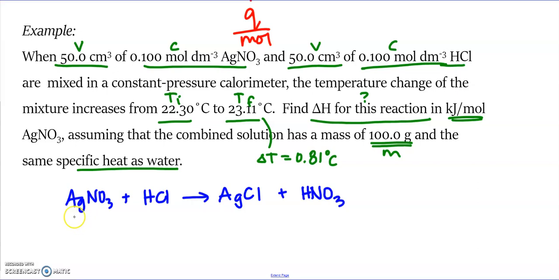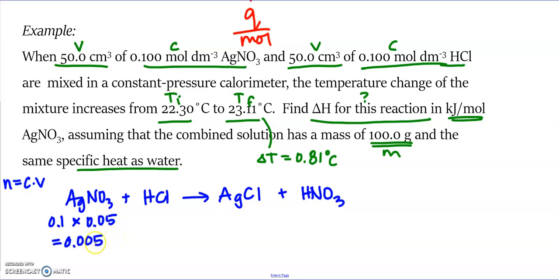So if I look at concentration, it is moles over volume. So if I solve for moles, which is what we need, it's going to be our concentration times our volume. So the moles of the silver nitrate are going to be our concentration, 0.1, times our volume in decimeters cubed, 0.05, which is going to equal 0.005.